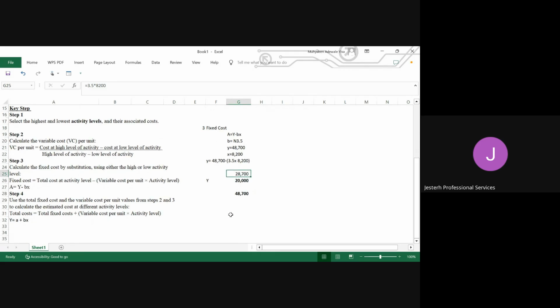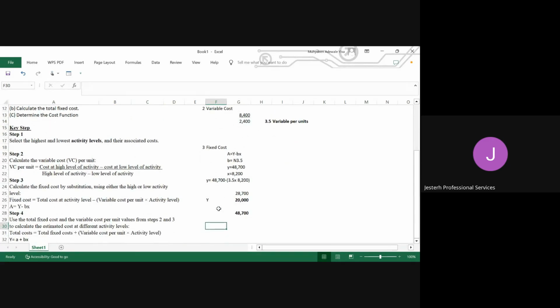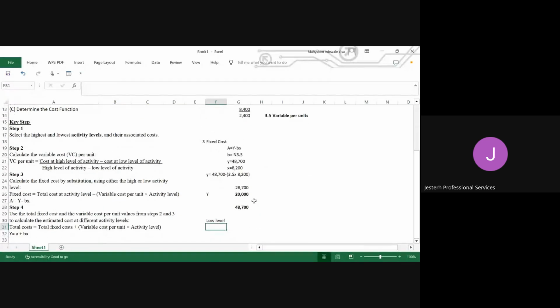Now, let's use the lower level of activities to know if we are still going to get the same 20,000 for the fixed costs. Now our lower level of activities is 5,800, while the total cost associated to it is 40,300.